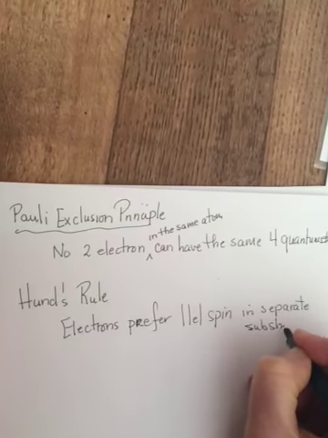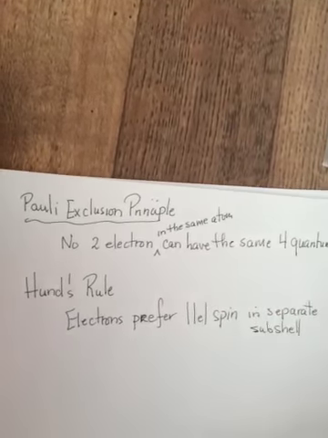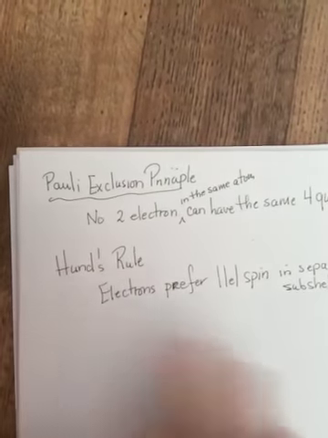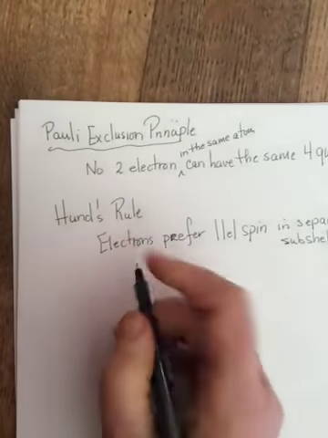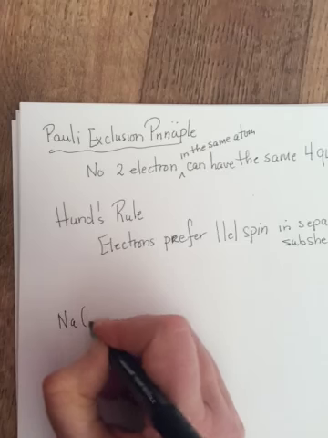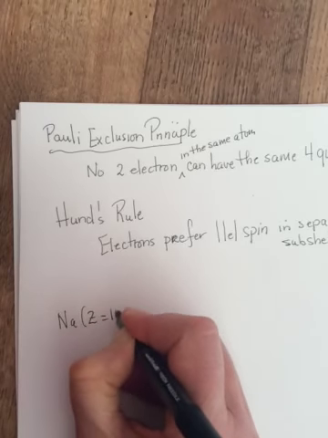Let me explain what I mean by that. Maybe the easiest way is to do one of these. So let's do sodium. Sodium's atomic number is 11.